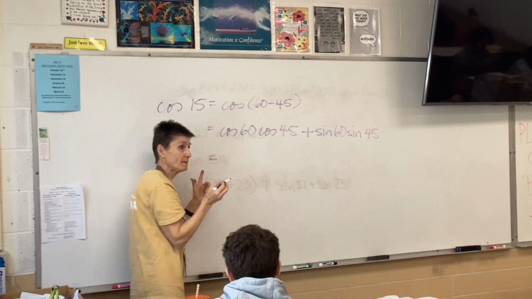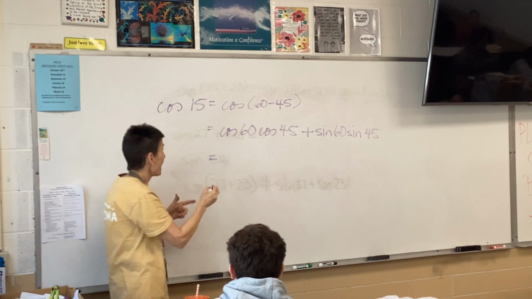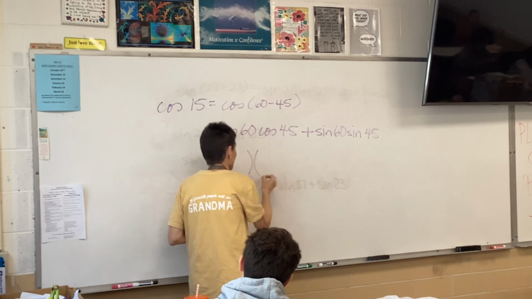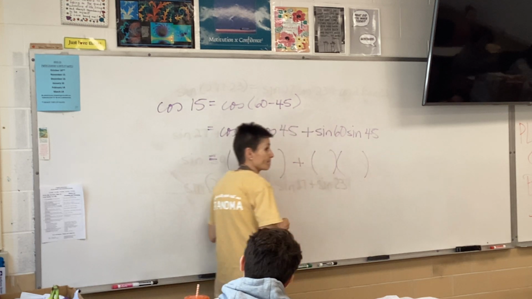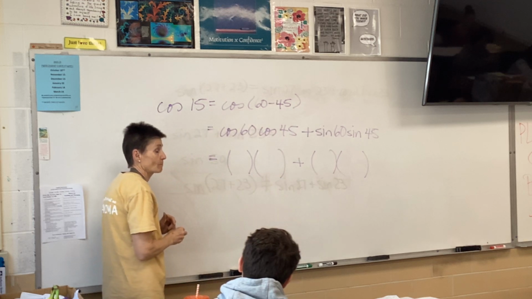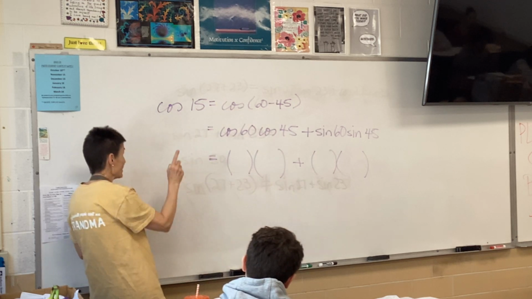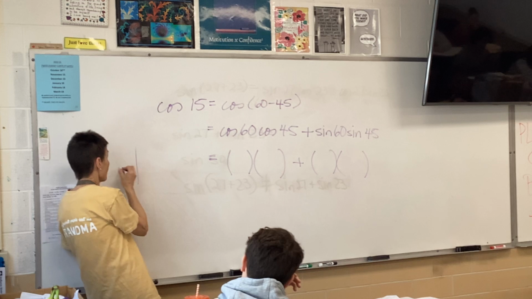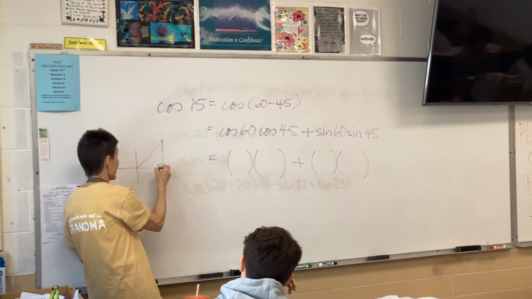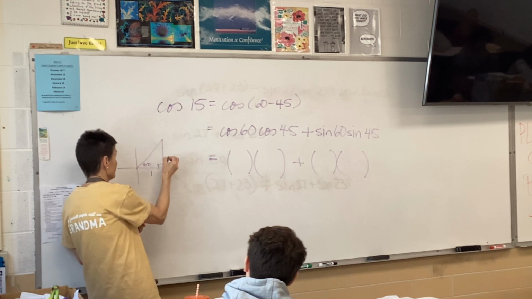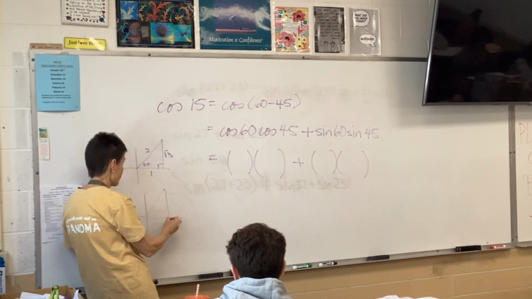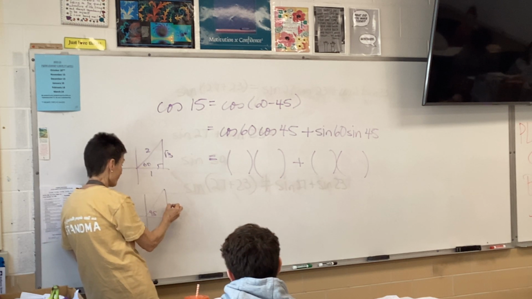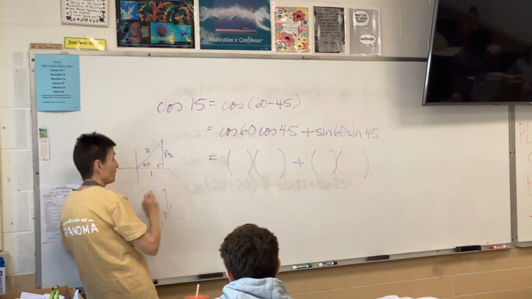Is everybody with me? So now we have to figure out four numbers. We either have those memorized, or we draw a picture of a 60-degree triangle and a 45, 45, 90 triangle. And we just start plugging in the numbers.